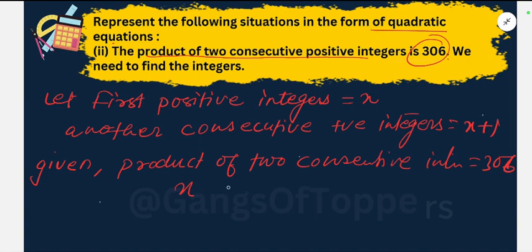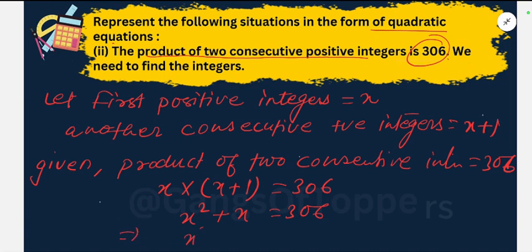Now it will become x into (x plus 1) equals 306. Now when we multiply, it will become x square plus x equals 306, and we can arrange this as x square plus x minus 306 equals 0. We will get our quadratic equation.